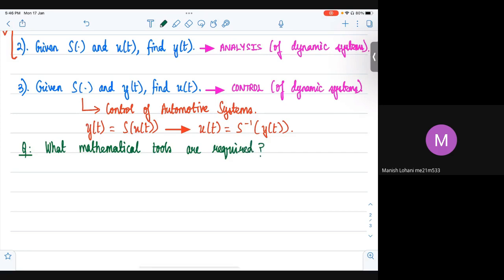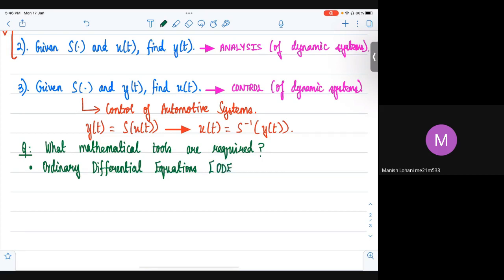But I will obviously revise them as we go along. We will observe that most vehicle dynamic models are going to be expressed in the form of ordinary differential equations, abbreviated as ODEs.